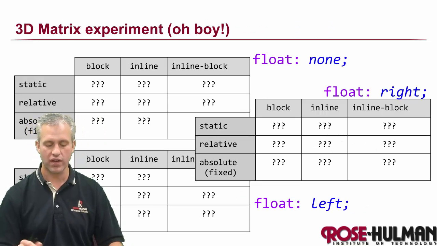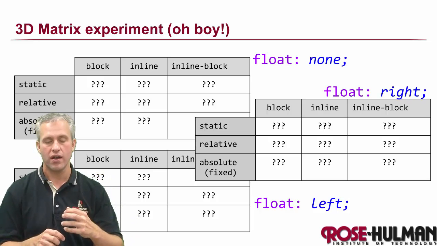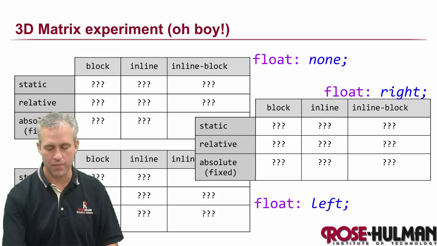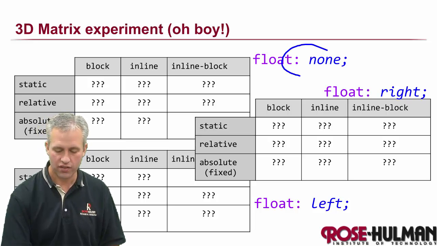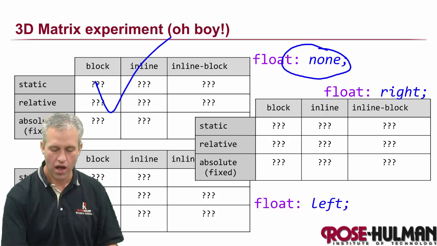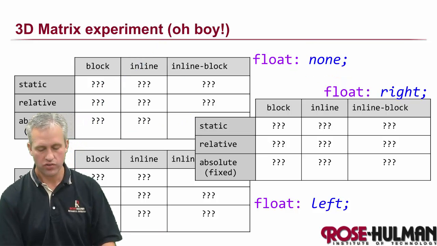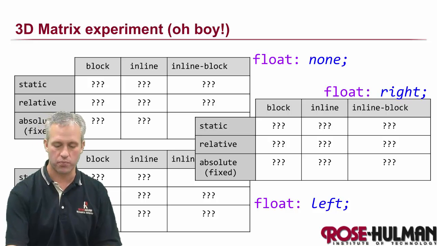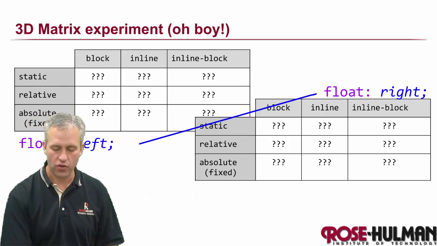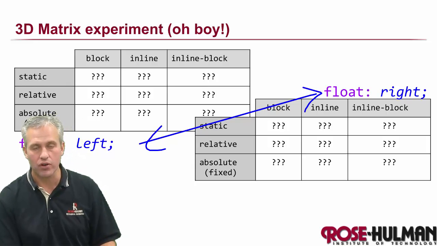In the same way that we had our 3 by 3 before, now we've got a 3 by 3 by 3. Now it's not really a 3 by 3 by 3, because it turns out that float none is what we studied last time, so we already know all of the things in that chart. We can take that out of our experiment. And to be honest, float right and float left work pretty similarly.